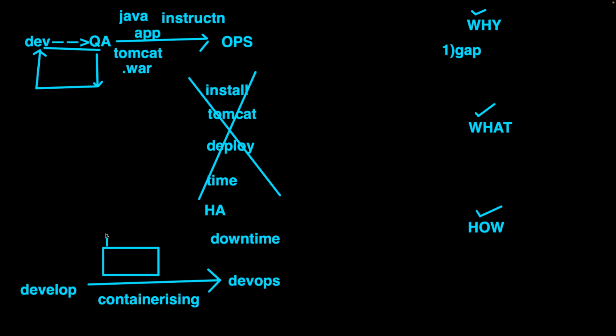But now they share that WAR file along with the dependencies, like the right versions of Java, and they containerize it. A container is nothing but a pack of the application and its dependencies. They share this container with the DevOps team. So now the DevOps team need not work on the underlying dependencies for the application. Rather, they can deploy it on any environment seamlessly.